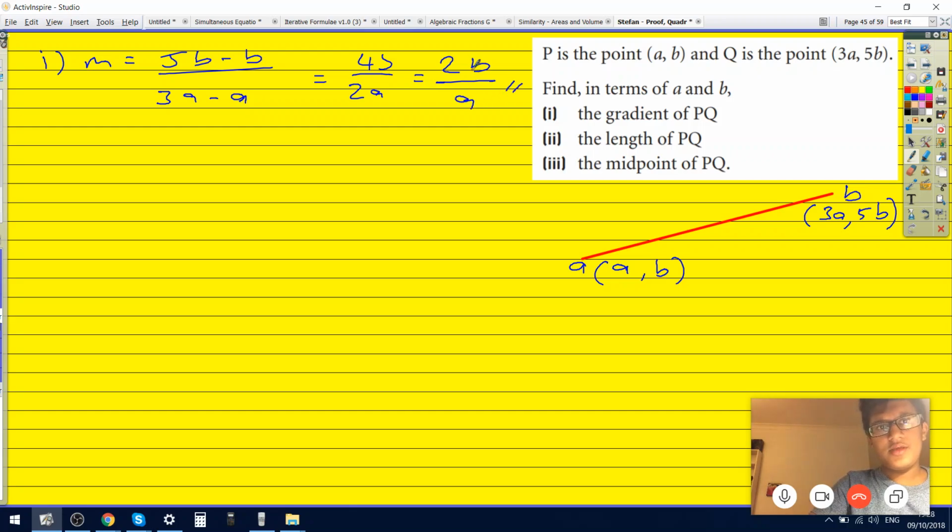The length of PQ. We'll again draw a kind of right-angled triangle here.